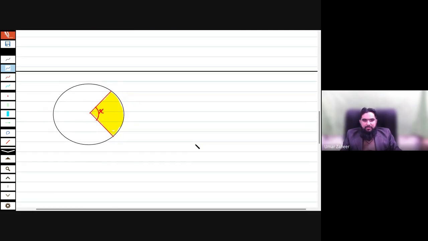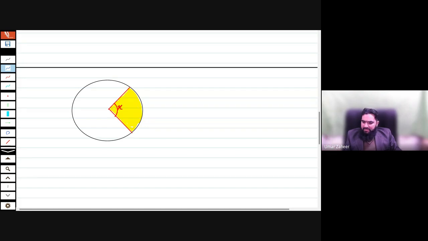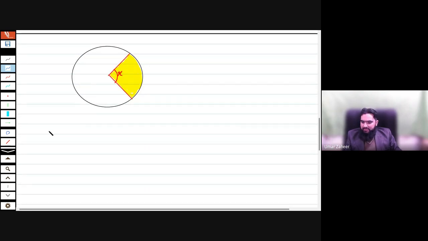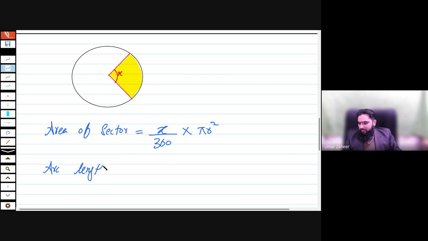All right. Now we have two formulas. The first one, how we can find the area of a sector. That is equal to the angle of the sector divided by 360, multiplied by the area of a circle. And the second thing, the arc length, is the angle divided by 360.